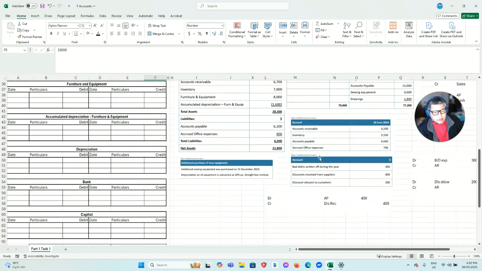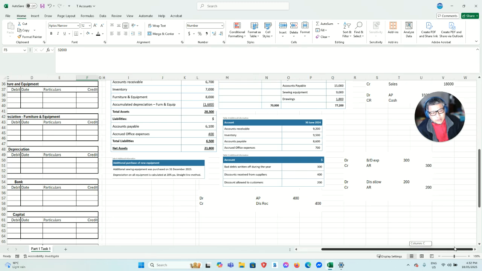But in the other areas, the information given is that bad debt is related to the account receivable, and discount allowed is related to the account receivable. The 300 is a direct bad debt write-off. So debit the bad debt expense, credit the account receivable.